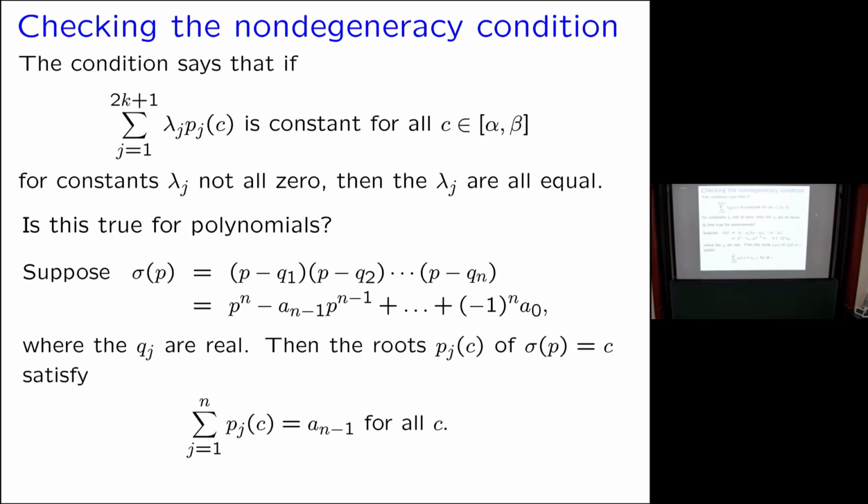So here we see there's a case where, as you vary c up and down, the sum of the roots stays the same. So in this case, of course, the lambda j are all equal to 1, and it's possible. You can have the sum of pj of c be a constant.